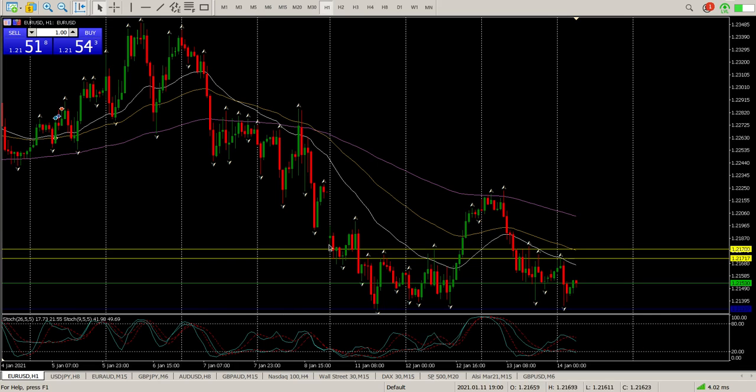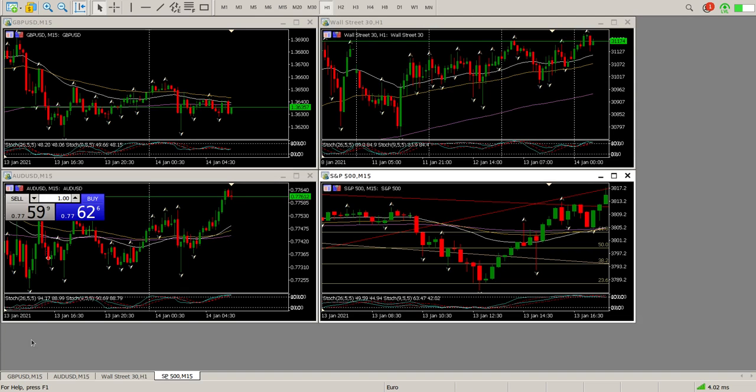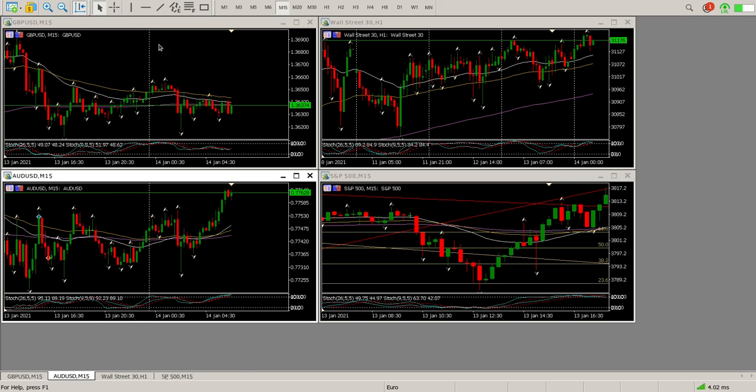There we go. So that's kind of how my charts are set, so I can see exactly what's going on. The white space is when I've got my markets open and my trade boxes open. But that's pretty much what I do. I can watch 4 instruments at the same time. You can see the exact same setup. And that's how I do it.